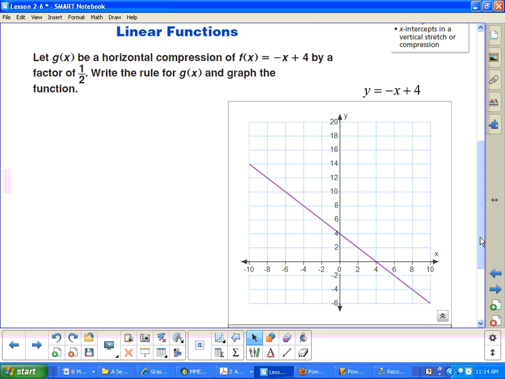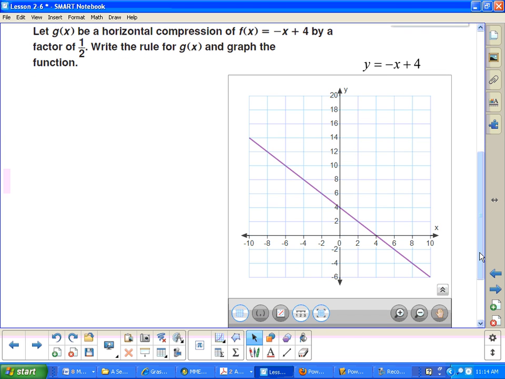So that means we're going to take all the x values and we're going to make them 1/2 of what they are. Okay? Because we're compressing it 1/2. So this means then, since it's horizontally, it means the value of b is 1/2. Okay?